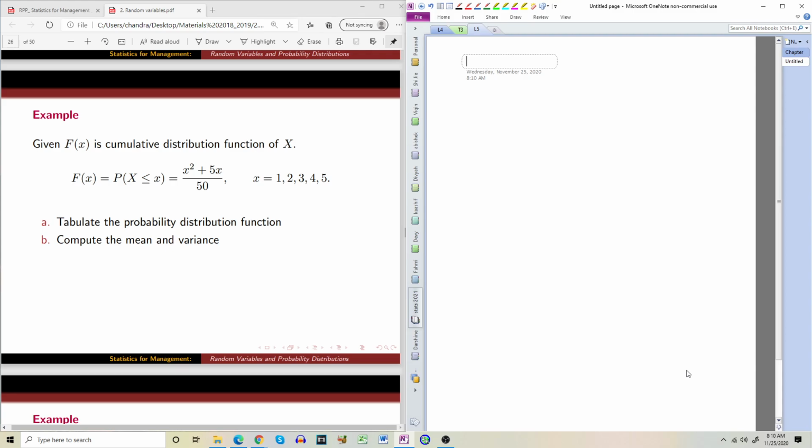In discrete variable, let's say I give you a probability distribution function.